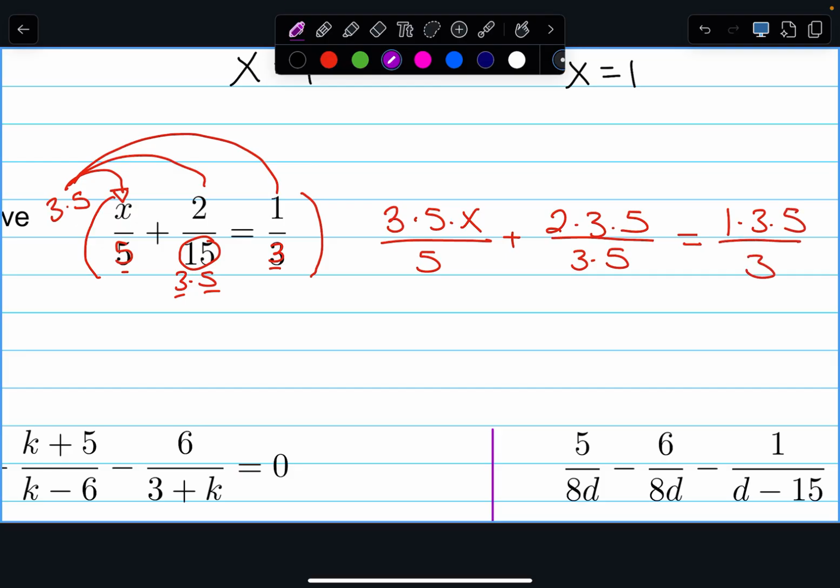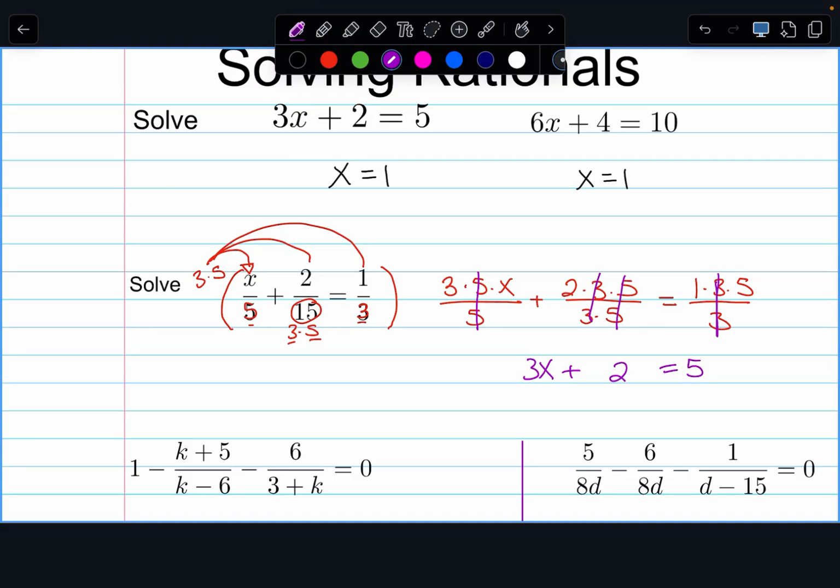We learned how to simplify fractions: 3 over 3 makes 1s, leaving 1 times 5, which is 5. Making 1s, these 5s cancel out, that 3 cancels out, which gives me just 2. The 5 cancels out, and that leaves me with 3x. Same problem as above.